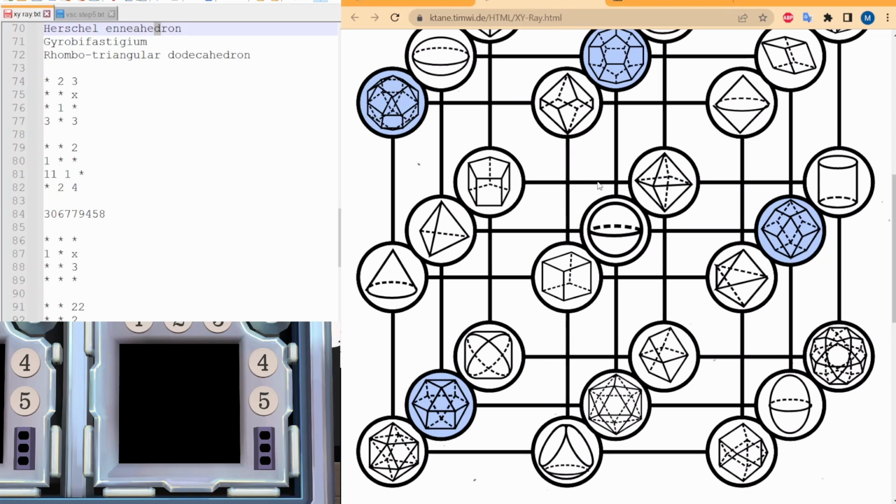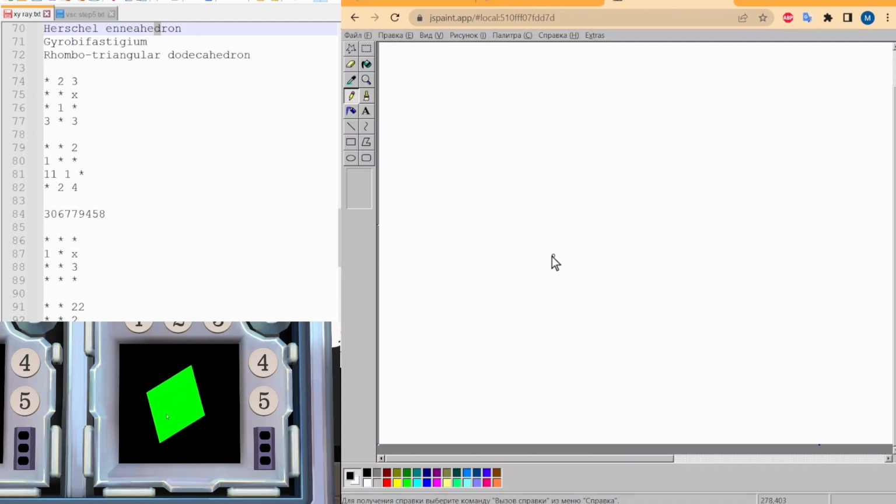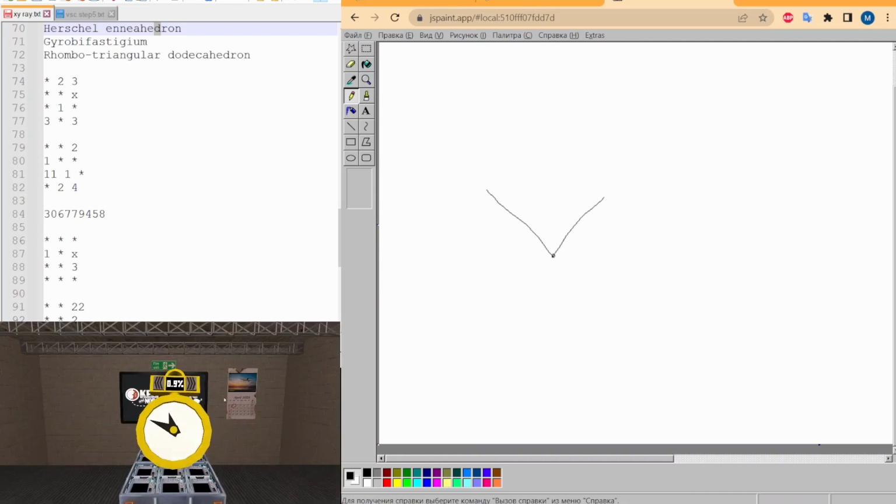So, if we look at the starting point, okay, it went into a huge triangle, I believe. No, not a huge, not a triangle. Sorry. Okay, I need to slow this down.